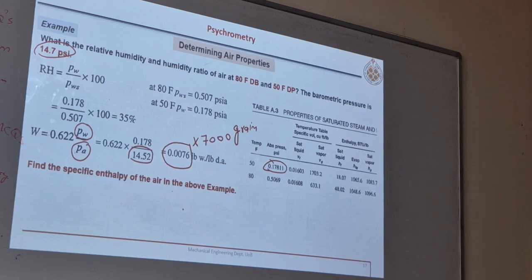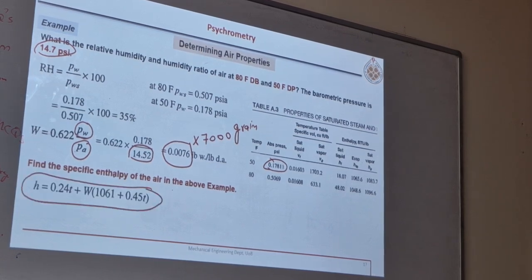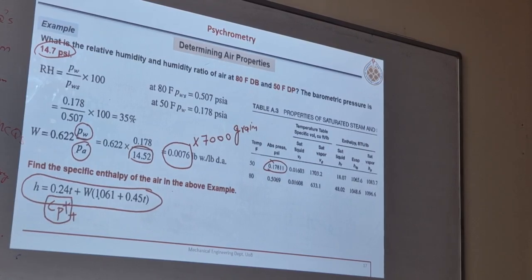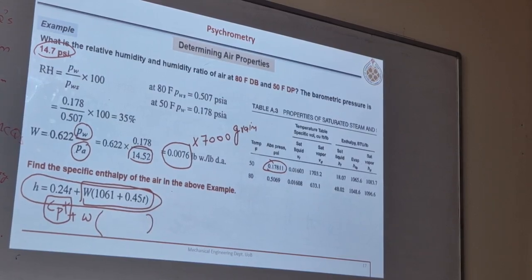If you want to find out the specific humidity, for that we have this formula, CPT plus this. This is CPT of the dry air part, and that is the vapor part. How much vapor is there depends upon omega, and that is the enthalpy of 1 unit mass of water.